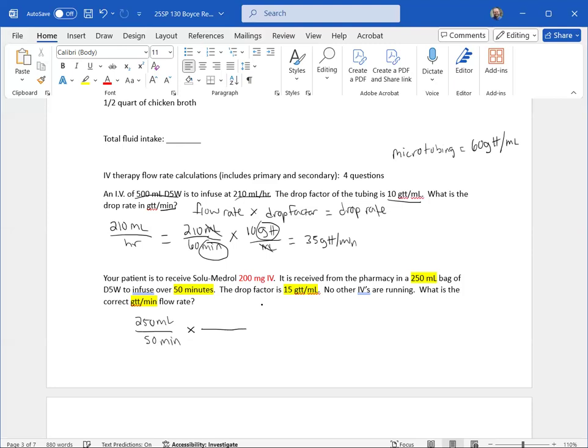Then we're going to convert using our drop factor, 15 drops per milliliter. This eliminates milliliters. We're left with drops per minute. And so we're going to take 250 times 15 divided by 50, and I'm going to get an answer of 75 drops per minute.